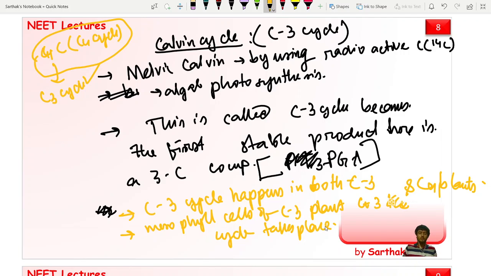So far we have studied the Calvin cycle, Melvin Calvin, radioactive carbon, and algal photosynthesis. It is the C3 cycle because the first stable product is a 3 carbon compound, 3-phosphoglyceric acid, and the C3 cycle happens in both C3 plants and C4 plants. It must happen in any plant, otherwise the plant cannot survive.